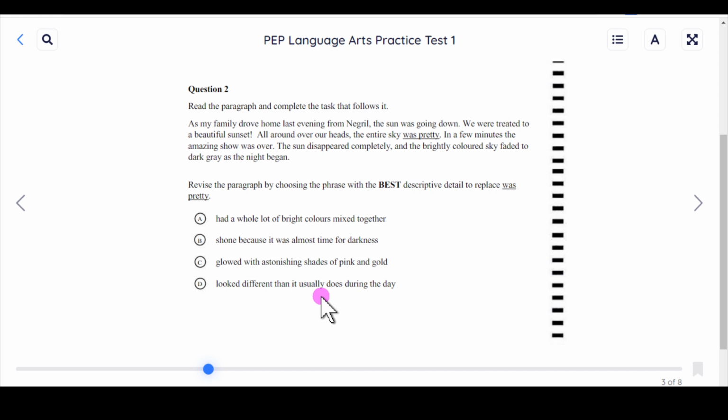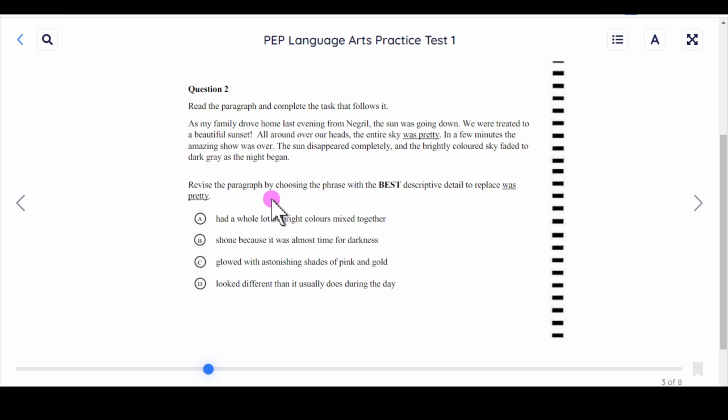All right, so let's go with question 2. The big idea here is that we're looking for something that is similar in meaning to the words underlined. All right. Let's go. Pay attention also to best. All right. The one that best fits.